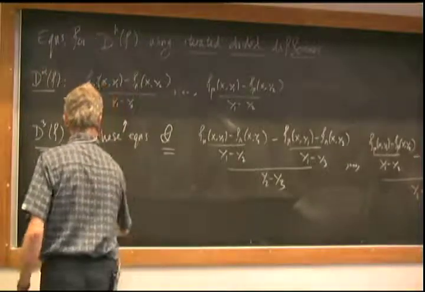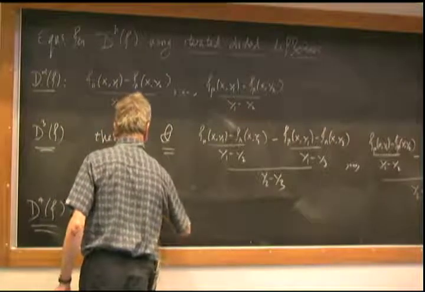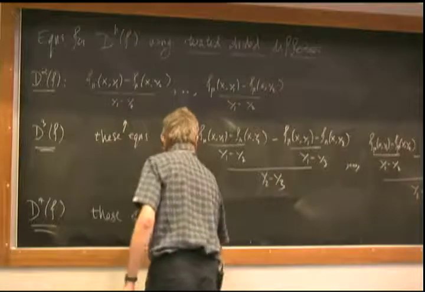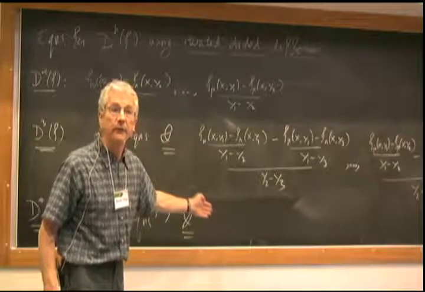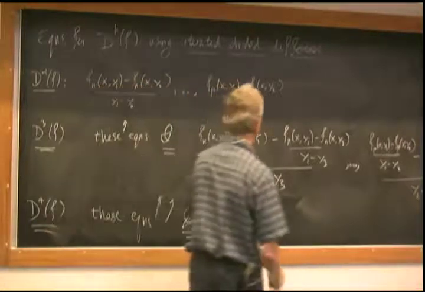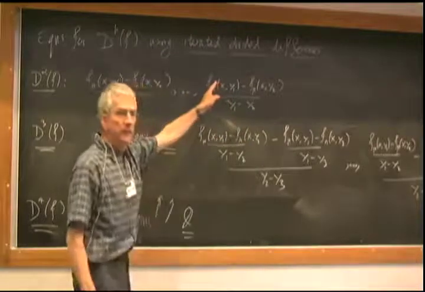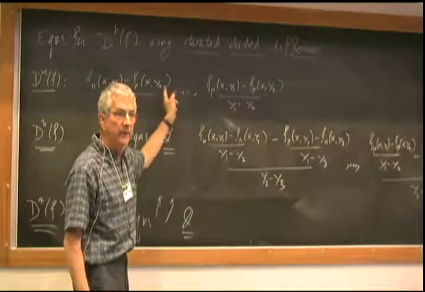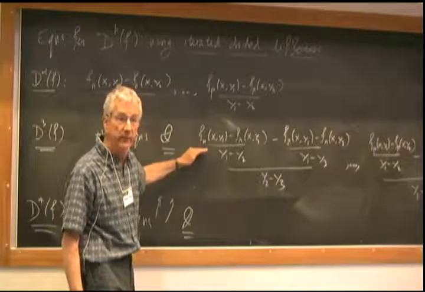Okay, so these equations, all this lot, and how many more? Well, I have to do the same thing again. So I've got, well, here I had how many equations? I have p minus n plus 1. And here I have twice p minus n plus 1.